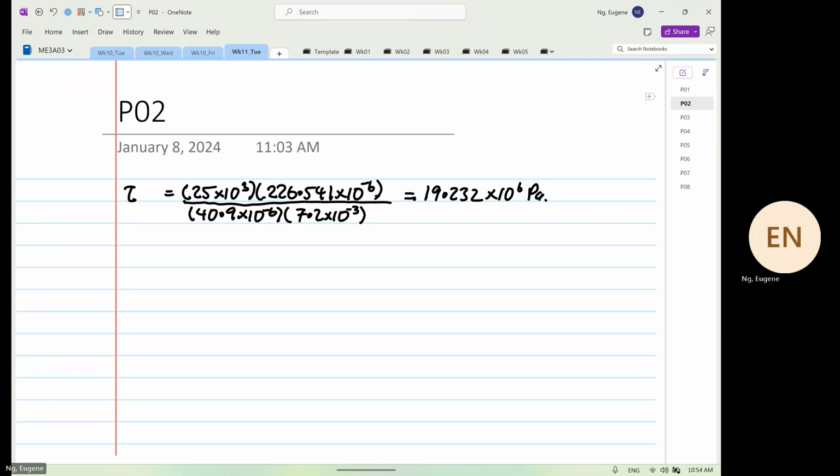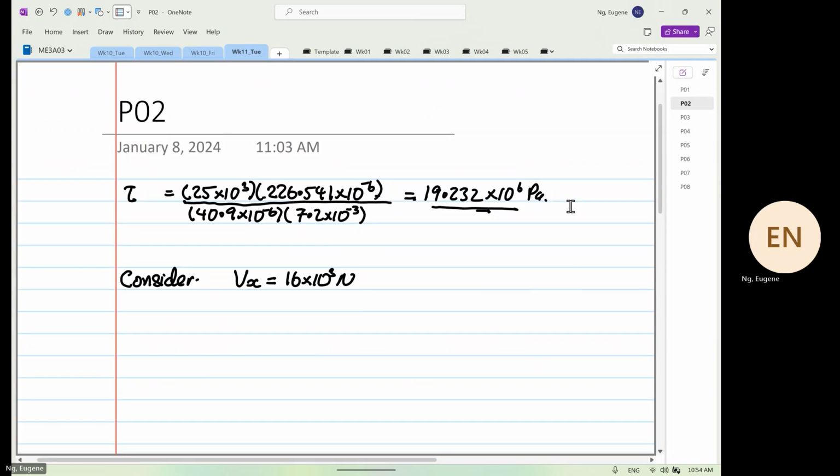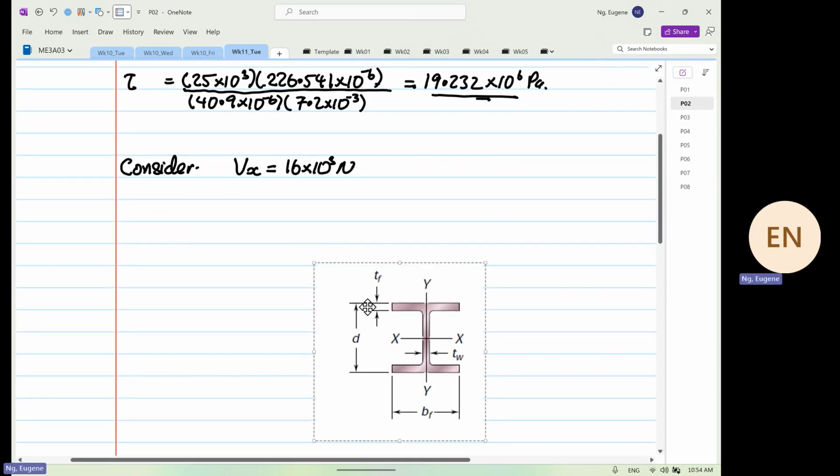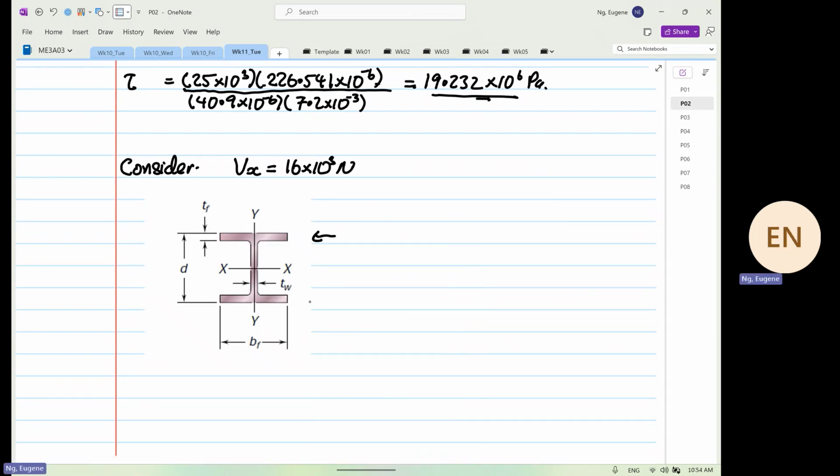Okay. So this is just one of the shear forces. Next, we are going to consider the Vx, which is equal to 16 times 10 to the power 3 Newton. Let me get the cross section over again. We happen to be really lucky this time, because Vx is coming in this direction.